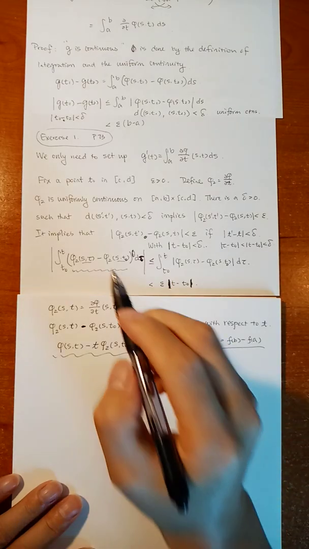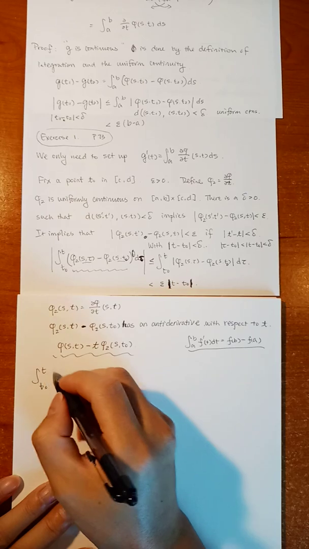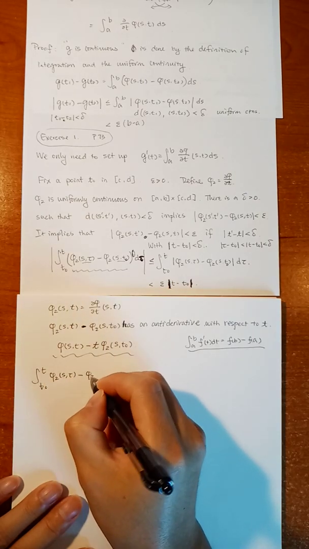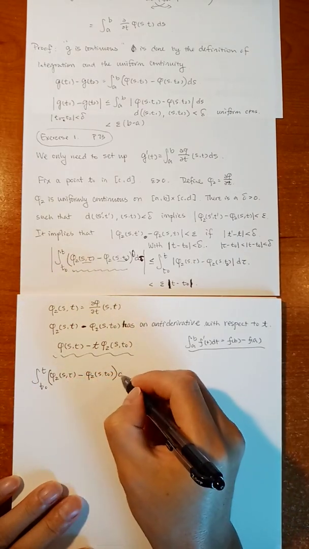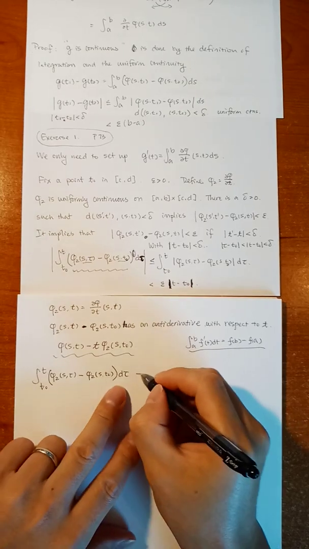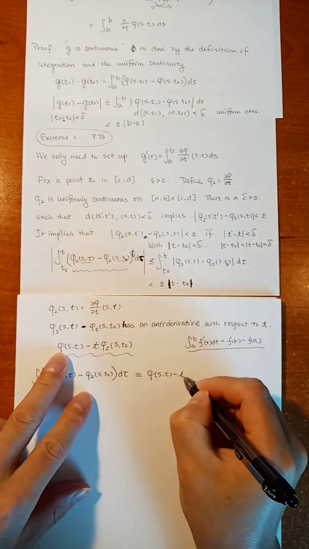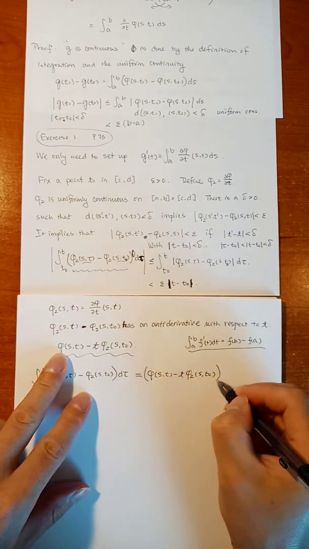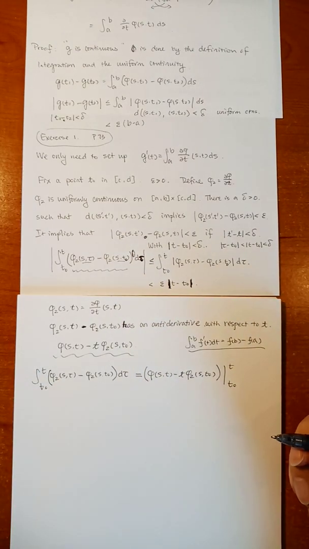Okay, so this one, we can really integrate it. It is equal to this function phi s t minus t phi 2 s t0 evaluated at t and t0. We can really do the evaluation.